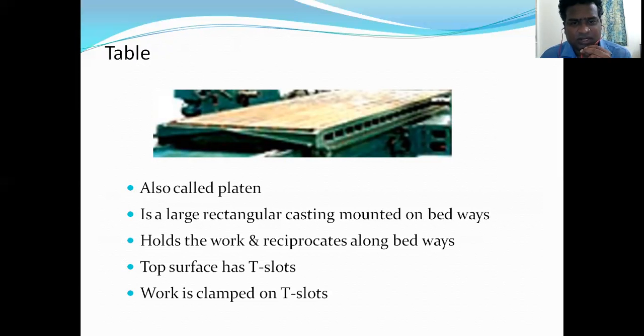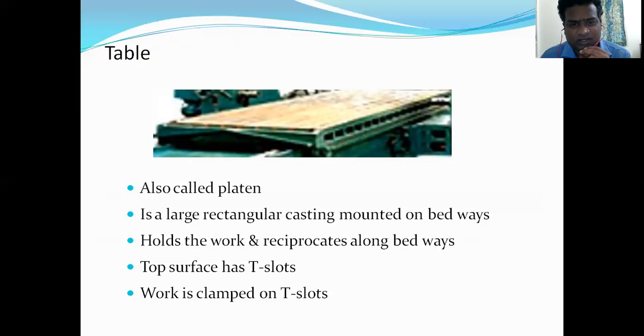It is a large rectangular casting mounted on bedways, and it holds the work and reciprocates along the bedways. On the top surface of the table, it has T slots. Why?